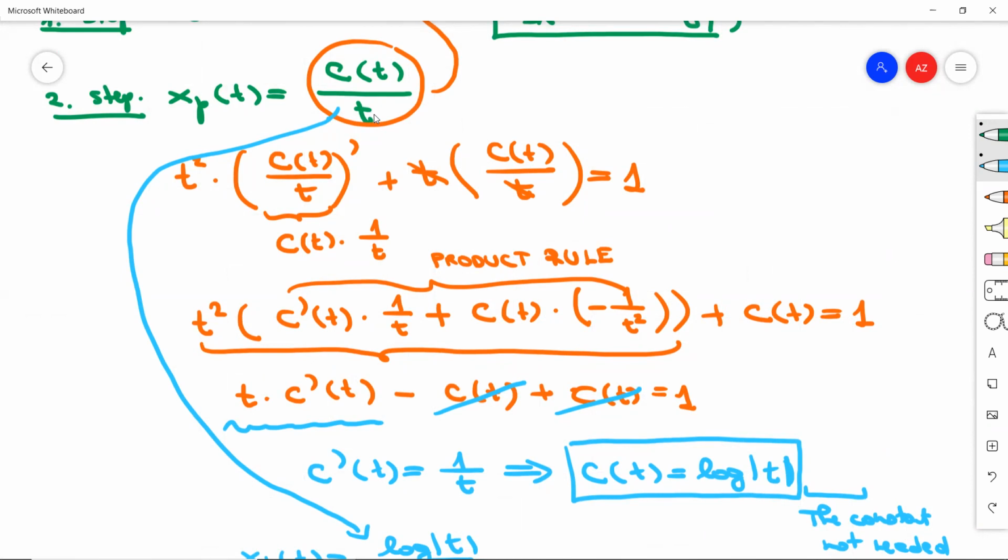Then we plugged it into our initial differential equation, used the product rule to differentiate this form. And what we've noticed is that from this product rule, only the summand consisting of the derivative of c with respect to t remains, and the other summand cancels out with the linear part of the differential equation.